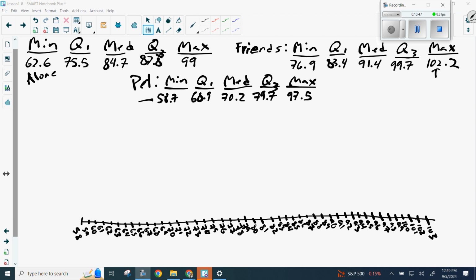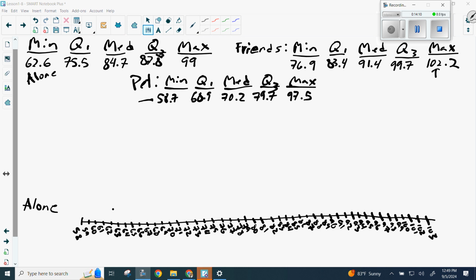And let's go ahead and start with alone. All right, so I'm going to make a box plot for alone. I'm going to use the 5-number summary. My lowest value, my minimum, is 62.6 for alone. So I'm going to go to around 62.6 and put a dot there.